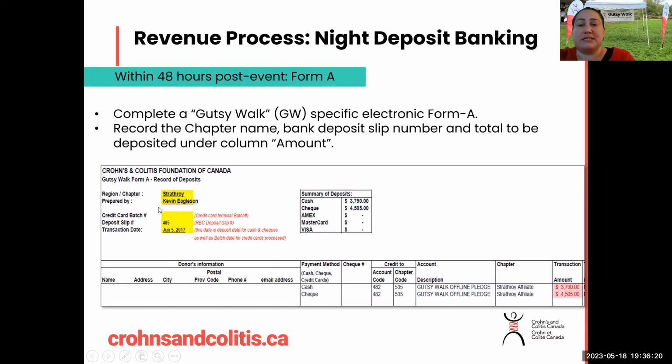You will write the deposit slip number, your name and the date, and just the account code and the chapter code. This account code means it's a participant pledge, so the majority of the offline money you receive will be 482. And then you pick your chapter code. If you are not sure about your chapter code, you can talk to your staff partner.